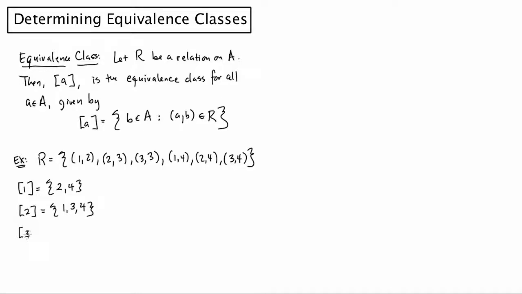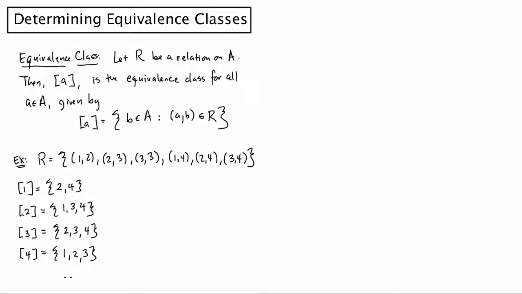What is the equivalence class for 3? Well, the equivalence class for the element 3 is the element 2, the element 3 itself, and the element 4 because it's related to each of those elements. And then finally, the equivalence class for the element 4 is the element 1 and the element 2 and the element 3.